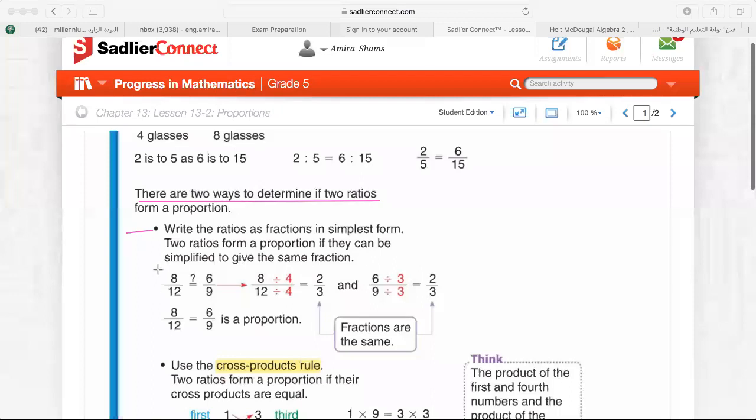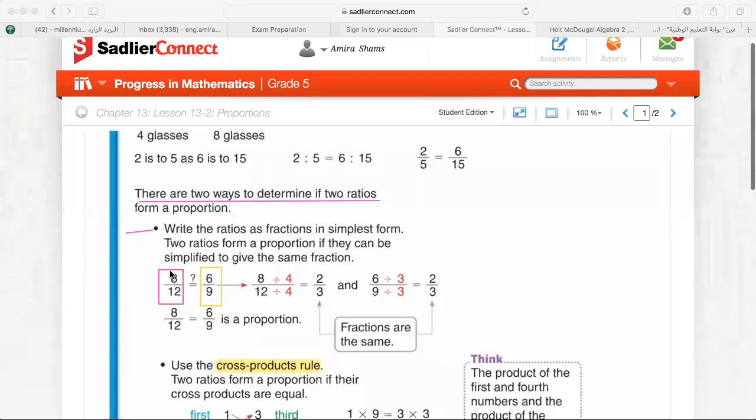I will take each fraction, the pink fraction and the yellow fraction, and I will simplify. If the simplest forms of the 2 fractions are the same, then they are proportional.